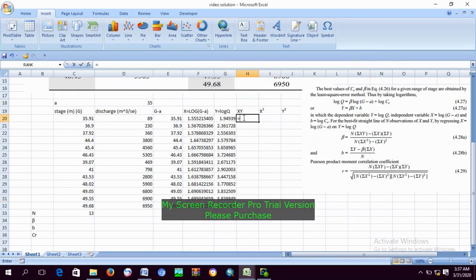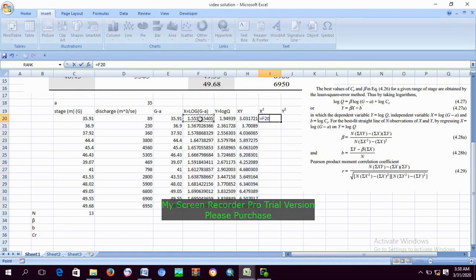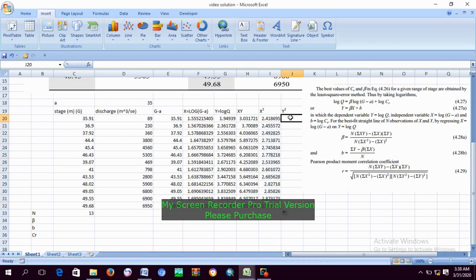It is simply the product of x and y, times the x value, and we can drag this value. Yes. x square is equal to x times x value, and drag. And y square is equal to y times y.